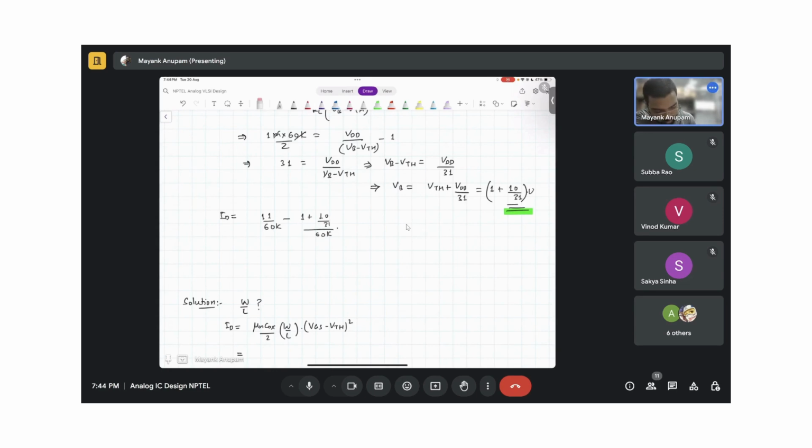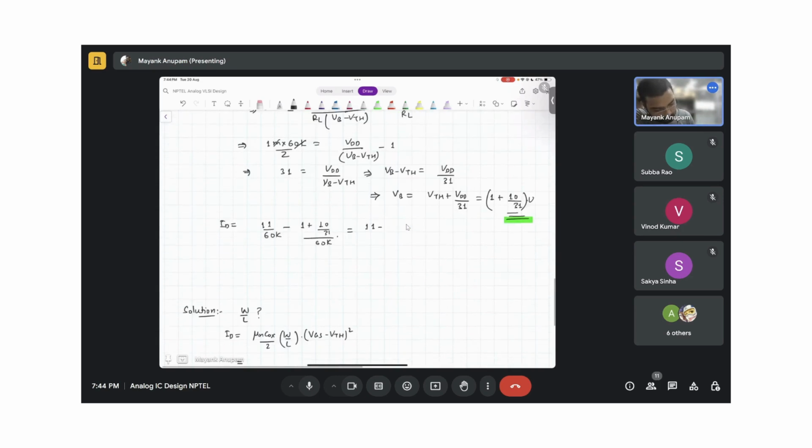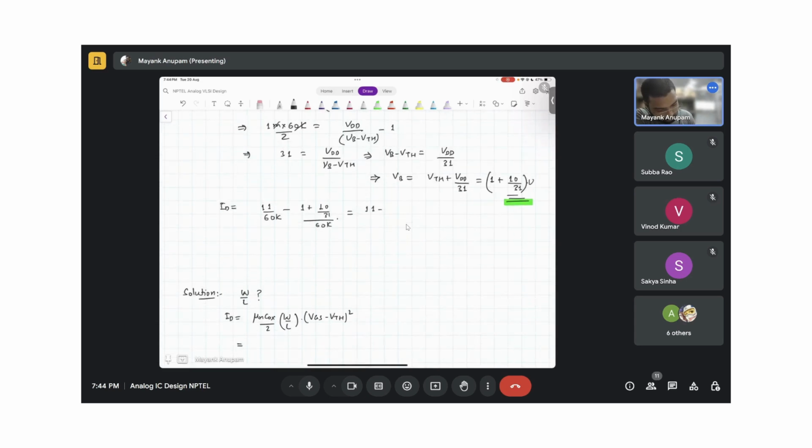So this is how much? 11 by 60k, or rather 11 minus 41 by 31 upon 60k.